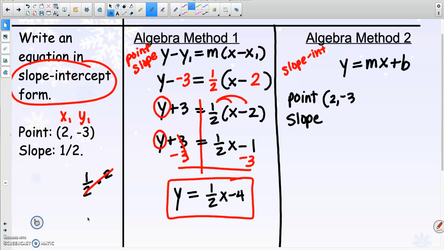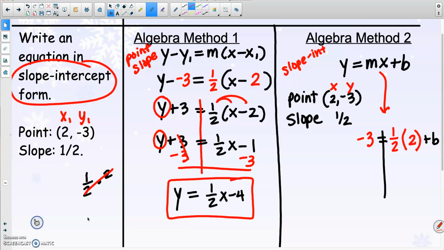So here's the deal. With the information that we're given, I can substitute the point for x and y, and then the slope is still m. So if I use this equation, I can substitute -3 for the y coordinate, 1/2 for the slope, 2 for the x coordinate, and then solve this equation to figure out what the y-intercept is.